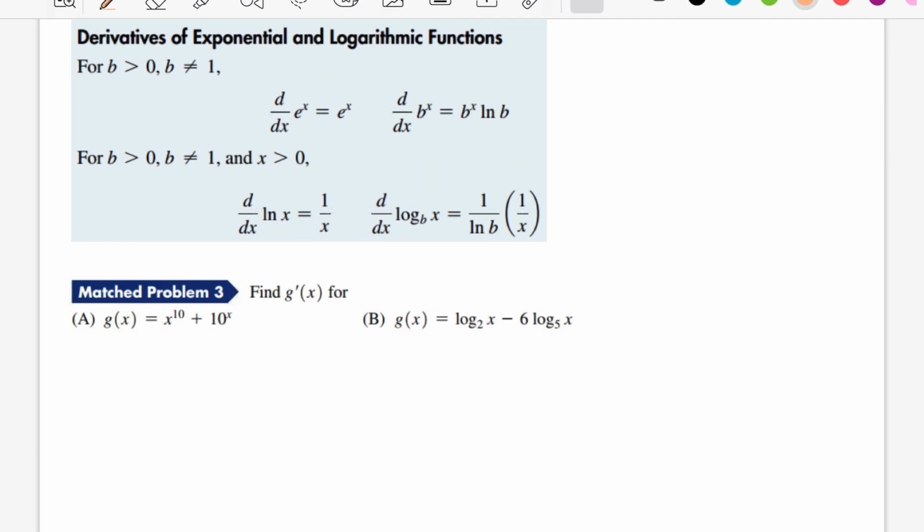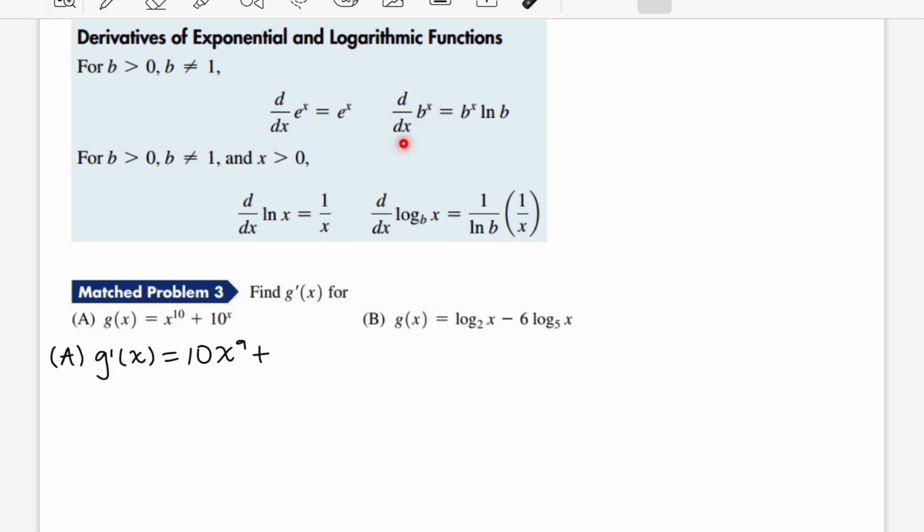So we want to find g prime of x for these functions here, a and b. First, looking at a, we'll find the derivative of x to the power 10. This one's pretty simple. We're just going to use the power rule. So 10 comes down in front, and then we have x to the power 10 minus 1, so x to the power 9. Then we want to find the derivative of 10 to the x power.